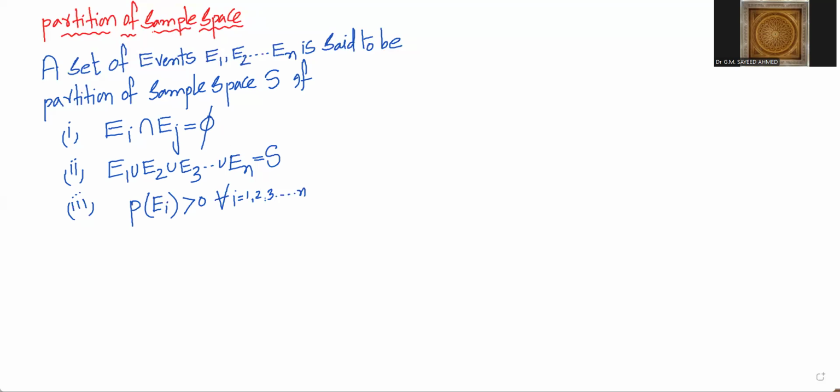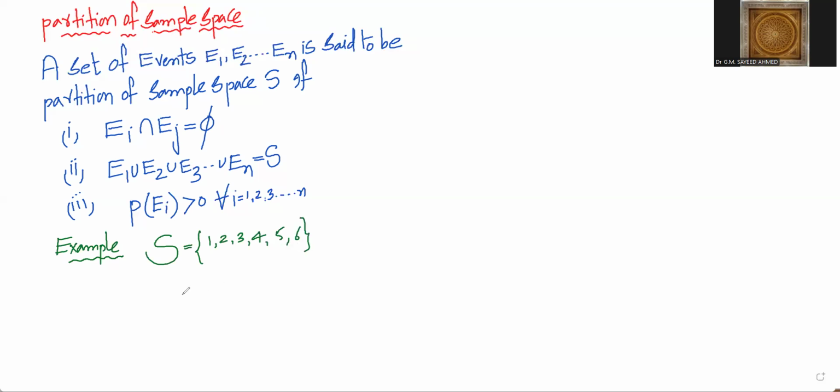Now with the help of an example, I will explain this partition, then I will move on to the important theorem. Example: suppose capital S is equal to 1, 2, 3, 4, 5, 6.